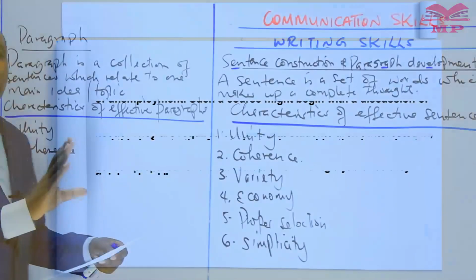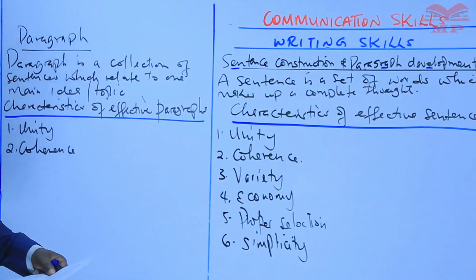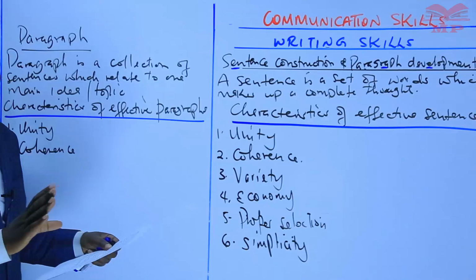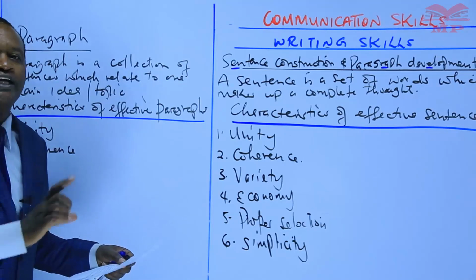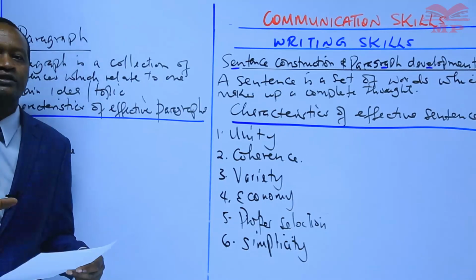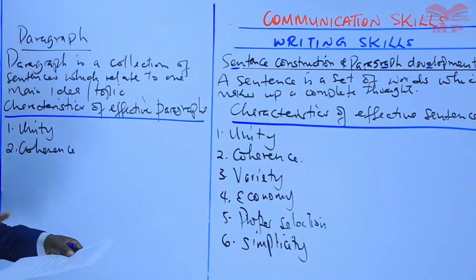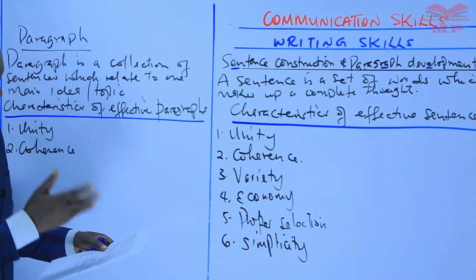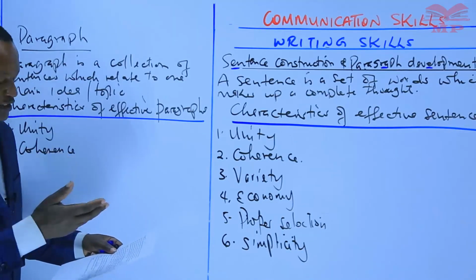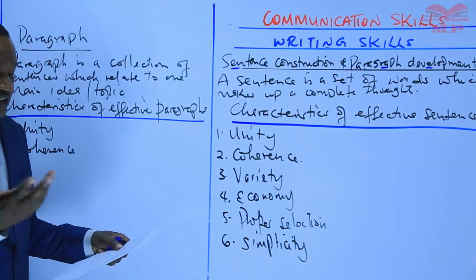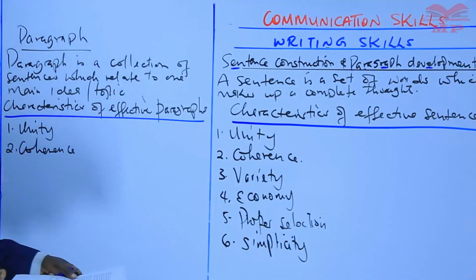So there is no coherence. And because of the lack of coherence, the paragraph is disjointed and difficult to understand. On one hand, the writer talks of courses that students require. In the third sentence, the writer veers off to courses that students don't require. So there is no coherence. And that is what I mean by coherence.